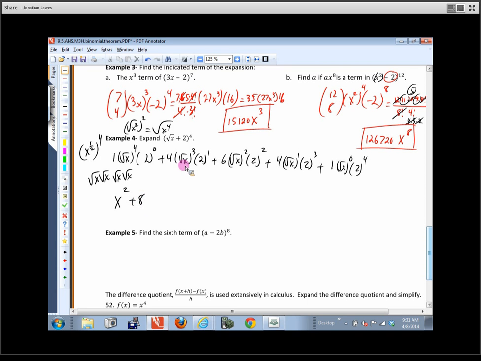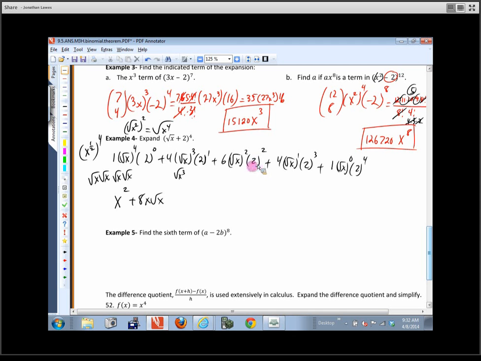What's the easiest way to write square root of x cubed? It does have a radical x in it. Pairs of x's. I only have 1 pair and one's left on the inside, so x radical x. Got a 6.